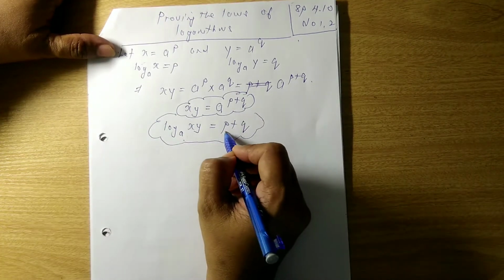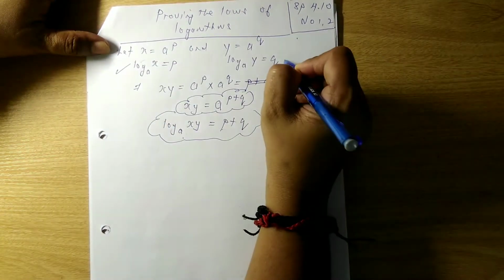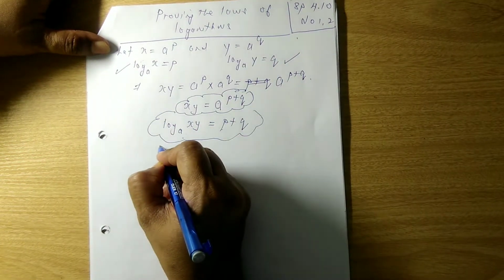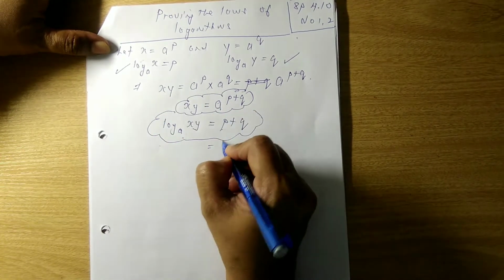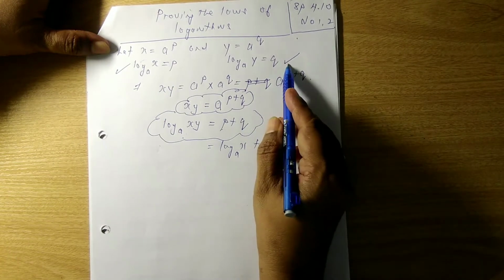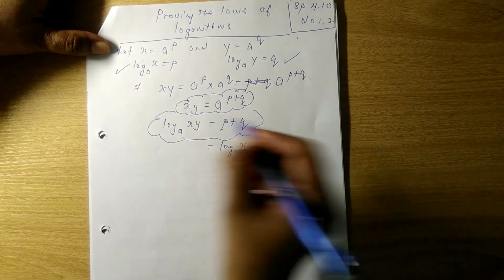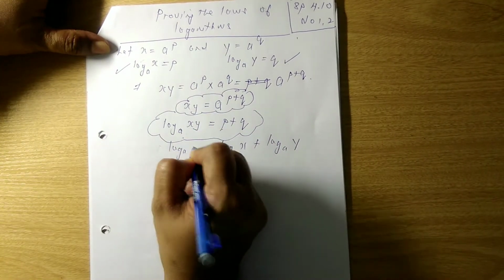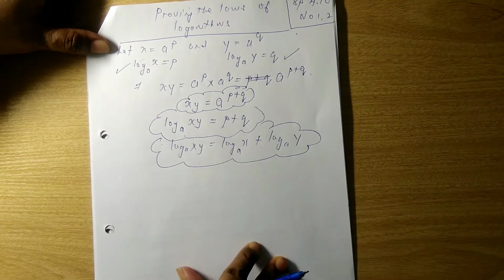So what is p plus q? We go back: p is log x base a and q is log y base a. So this is log_a xy.